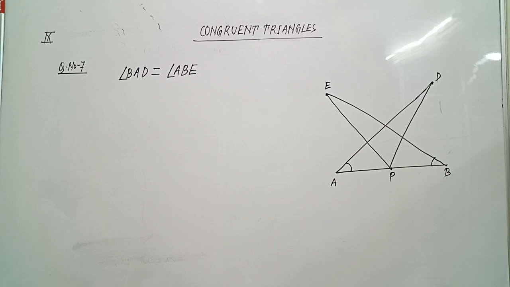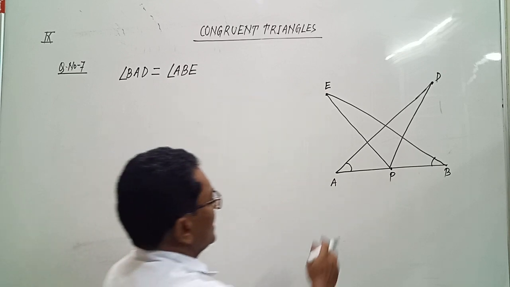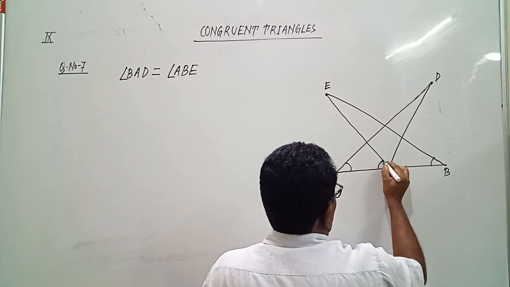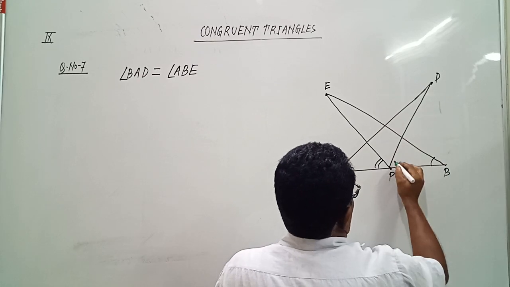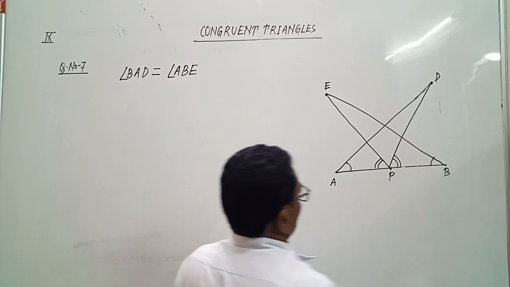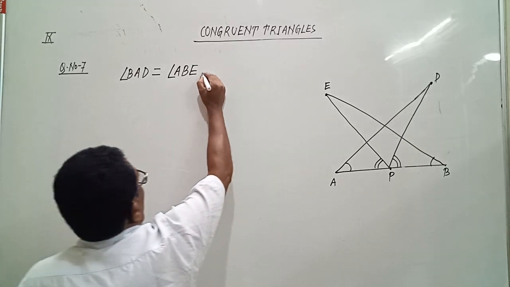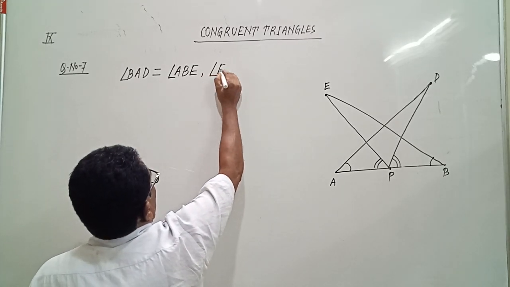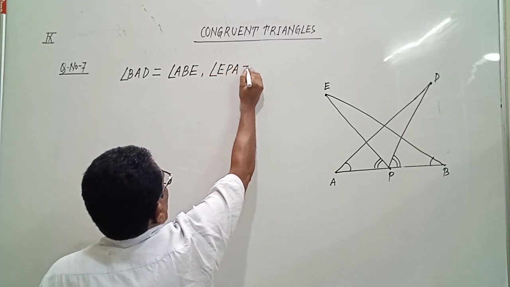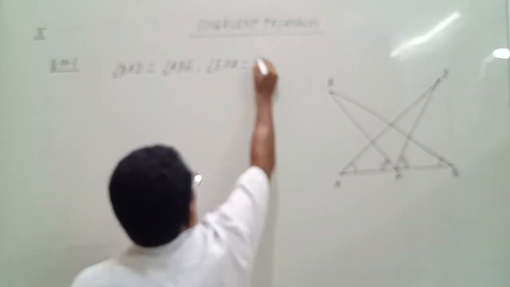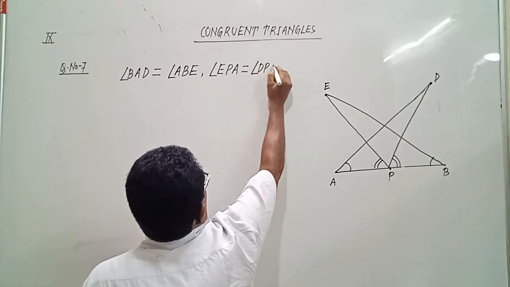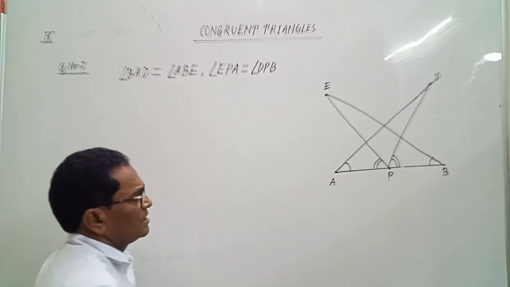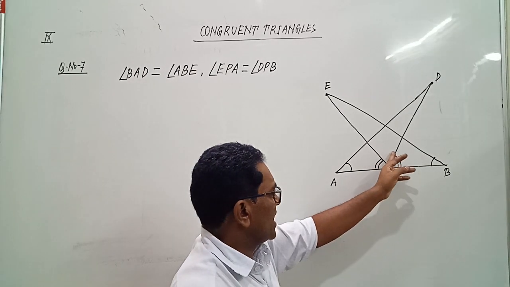And angle EPA equals angle DPB. And this is the common angle.